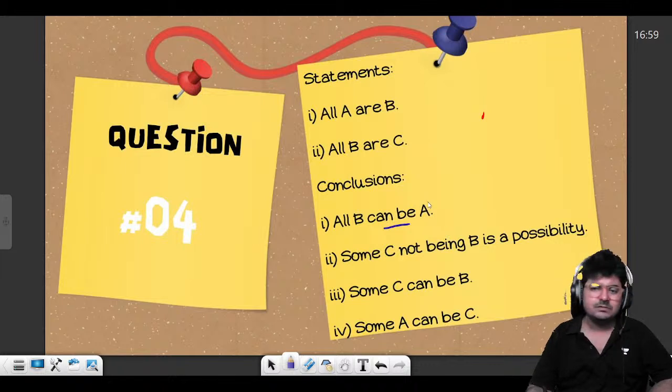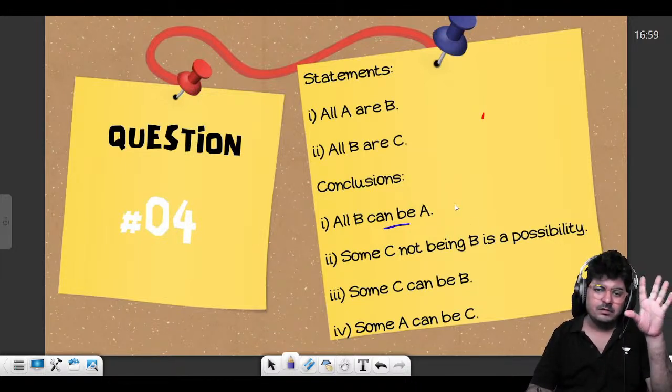Possibility means assumption. It could be true, it could be false. We are not sure. So for now let's leave it like this.